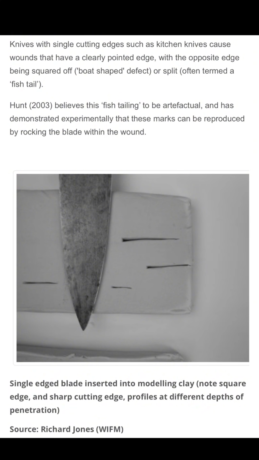One of the authors of a study believes that fishtailing to be artifactual and has demonstrated experimentally that these marks can be reproduced by rocking the blade within the wound. So if the person's stabbing and then rocking it back and forth, it could create a different look, even though the weapon may not be one that might create that.